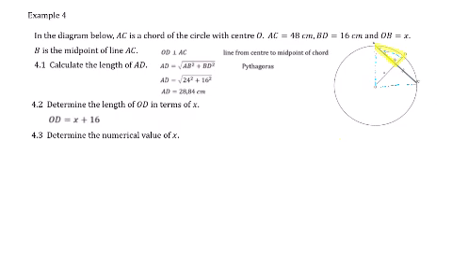OB is x, and BD was given in the question, that was 16 centimeters. So OD is OB plus BD, which I'm going to highlight in green, that will give you x plus 16.